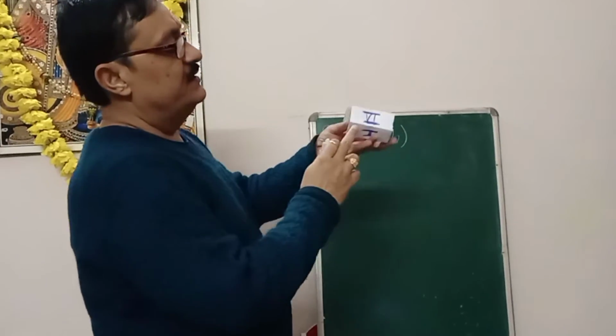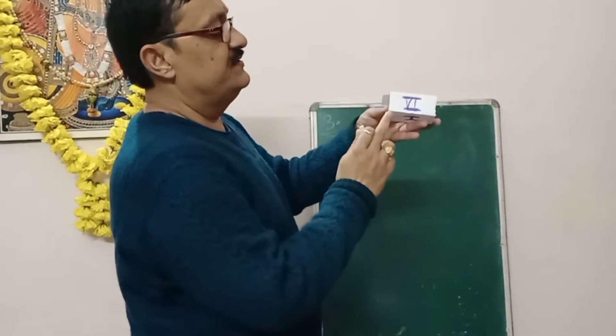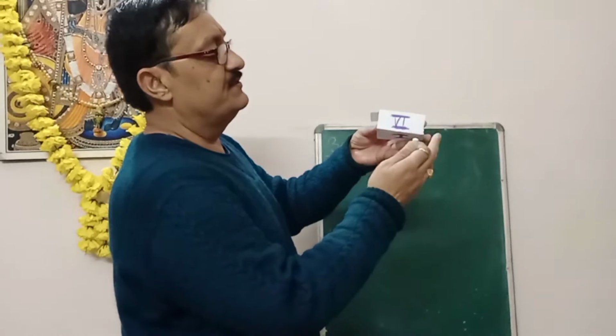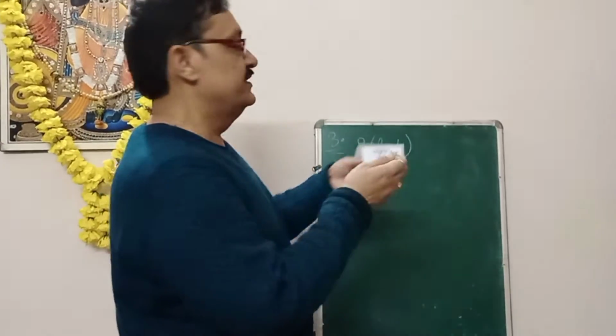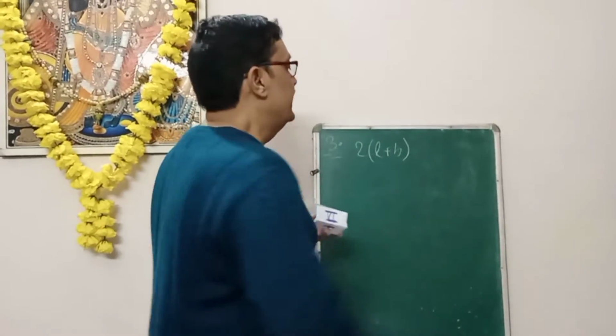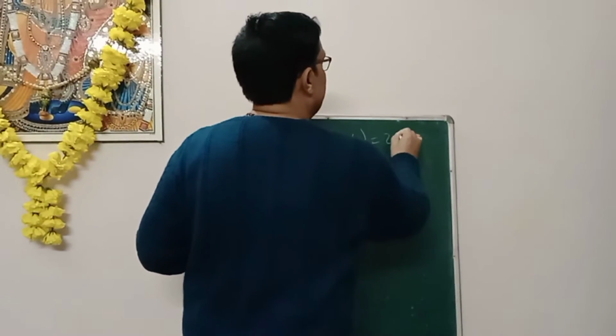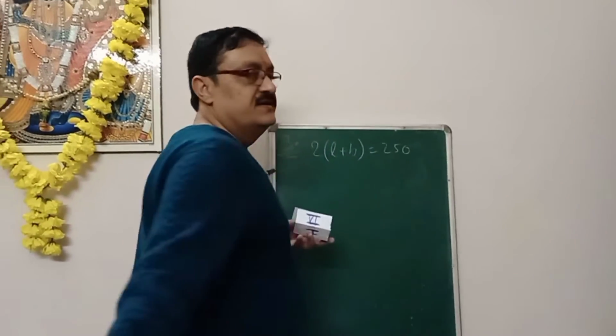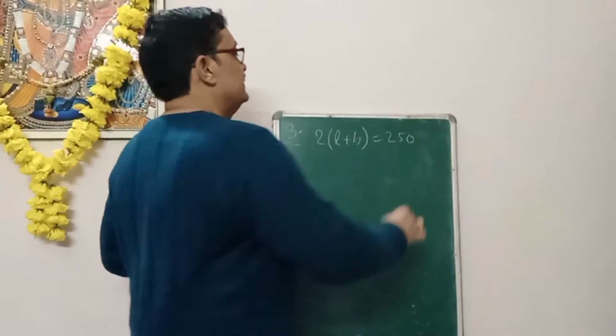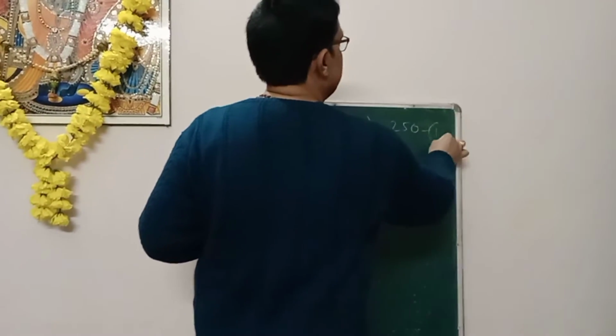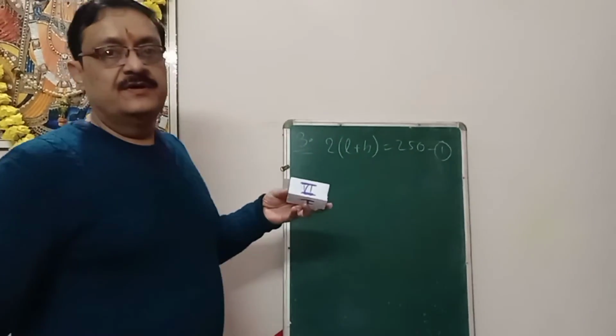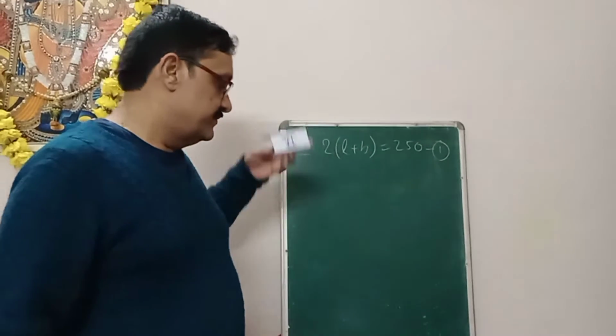Because this is L, this is B. L plus B plus L plus B. So 2(L plus B), and this is equal to 250 as per the question. It is given. As per the question, the perimeter of the floor is given.